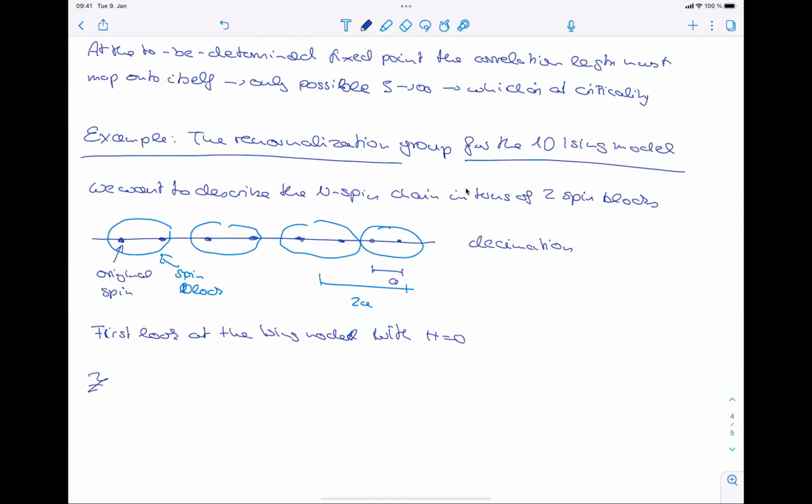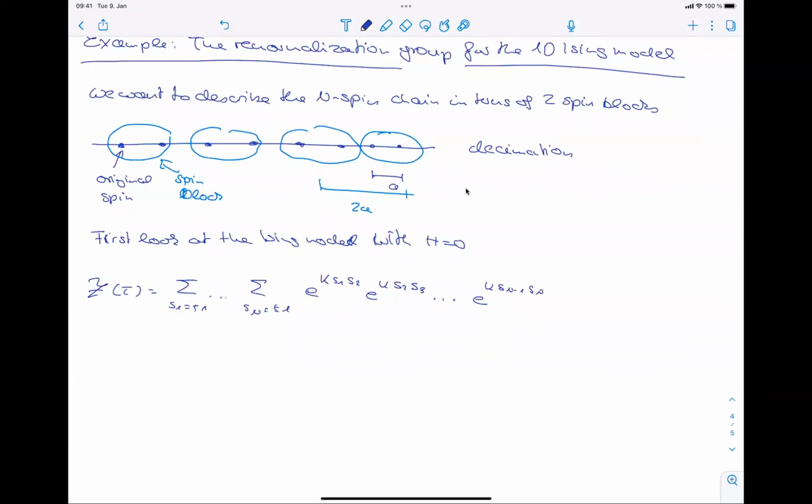Then our partition function reads, summing over all individual spin states, plus minus 1, e to the k s1 s2, k s2 s3, and so on until e to the k s(n-1) s(n).